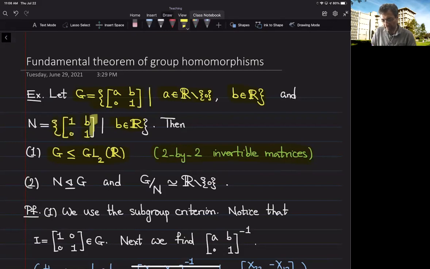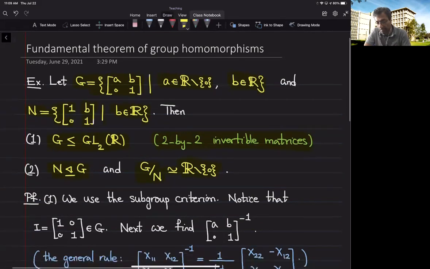And the claim is that this subgroup, which I'm going to call N, is a normal subgroup of G. Moreover, the factor group of G by N is isomorphic to the group of non-zero real numbers under multiplication, the group of units of real numbers. So that's the claim of this example.